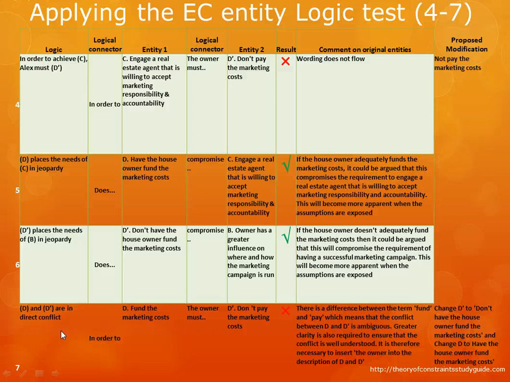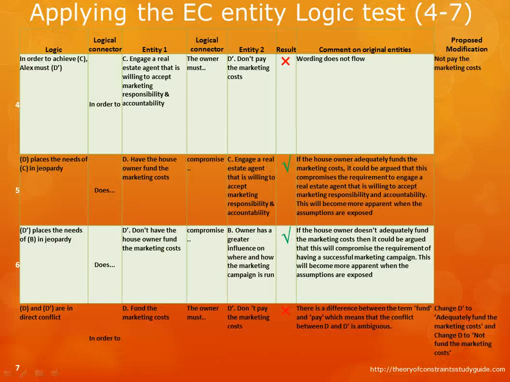We changed that to having a successful marketing campaign, and it arguably is compromised when we don't have the house owner fund the marketing costs, because if the house owner doesn't adequately fund the marketing costs, then it could be argued that there will be compromise in respect to the requirement of having a successful marketing campaign, because there's not sufficient funds to allow that campaign to proceed.